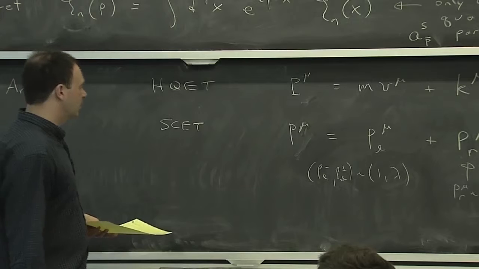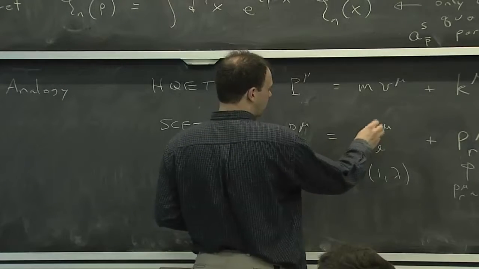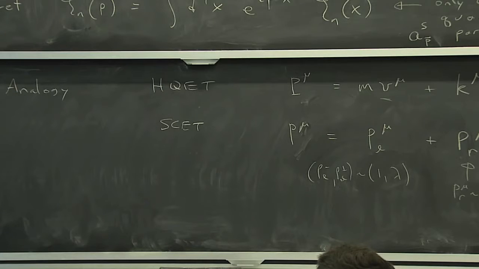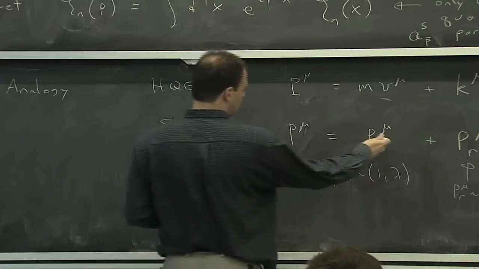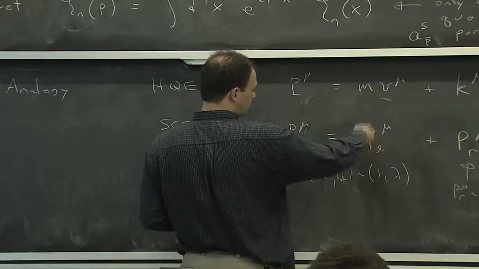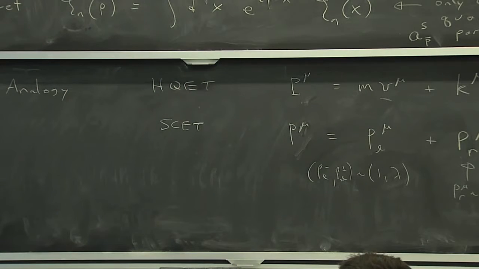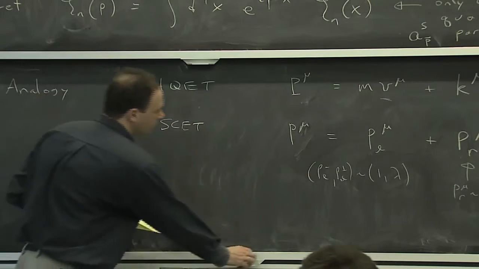We'll see why that's a good language next time, but it's kind of connected to the idea that in the HQET we labeled the fields by this V, and we're going to see that for at least some of the interactions it's a reasonable way of thinking of these large momenta as just labels on the fields. Okay, so we'll talk more about that next time. I don't want to go further with it.